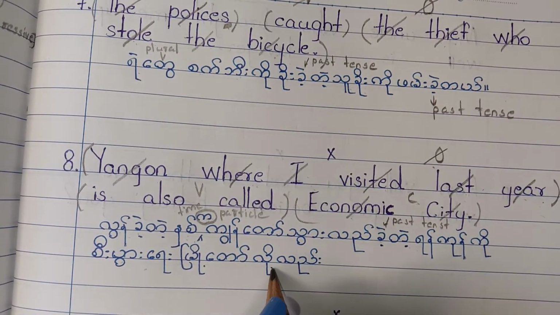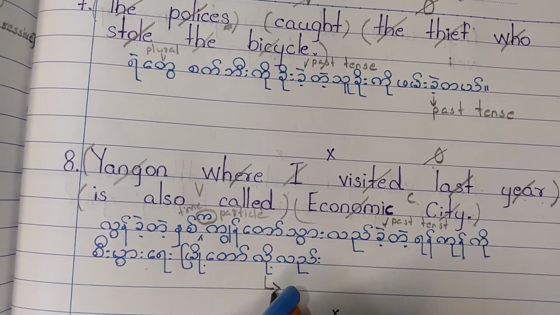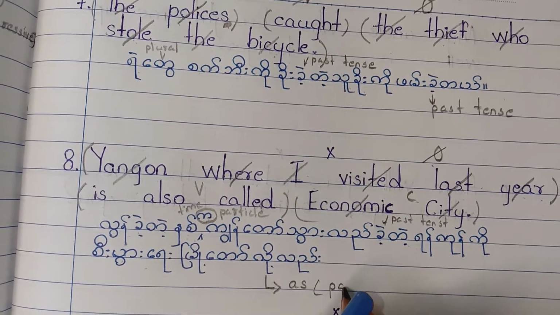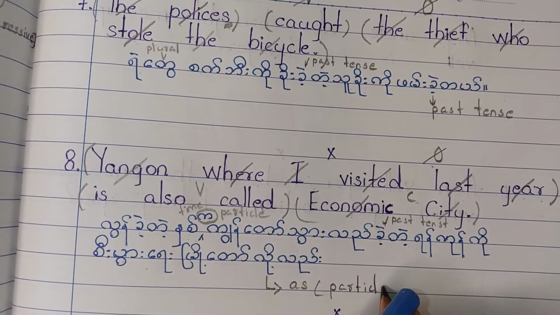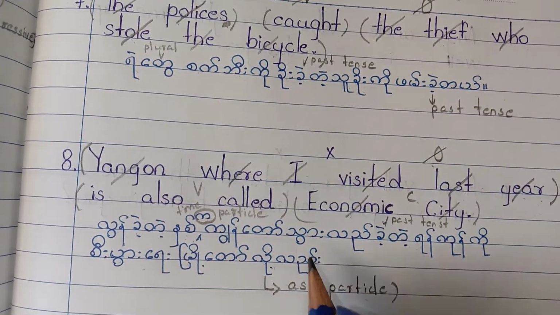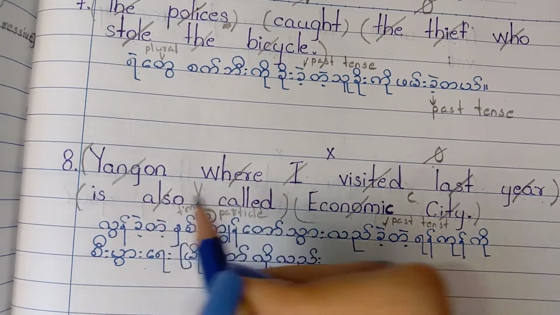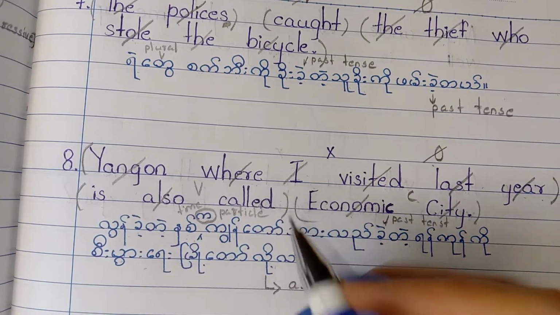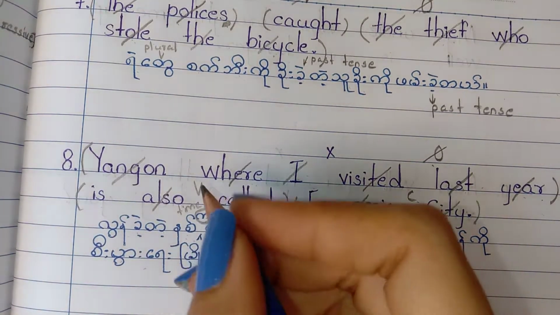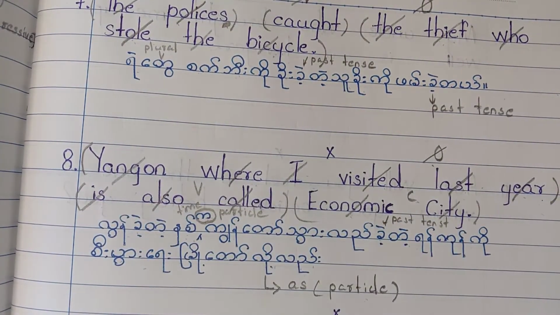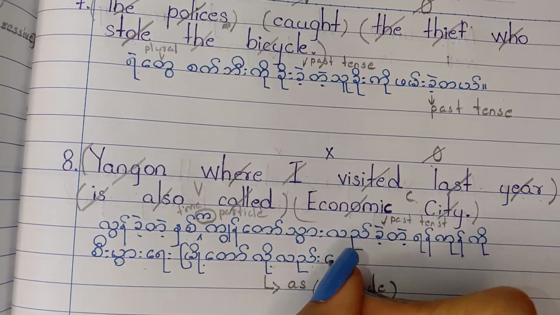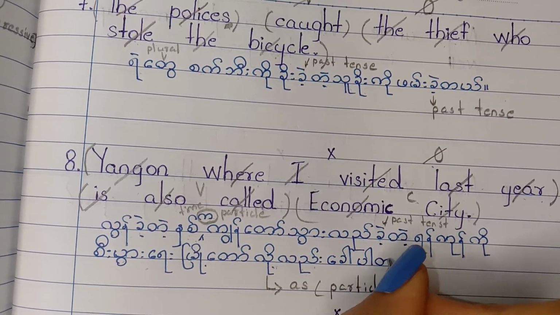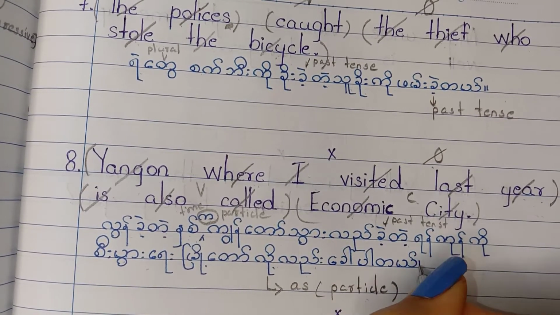So this low means like a particle for 'as'. And then le means also. Then the verb is called, ခေါ်ပါတယ်.